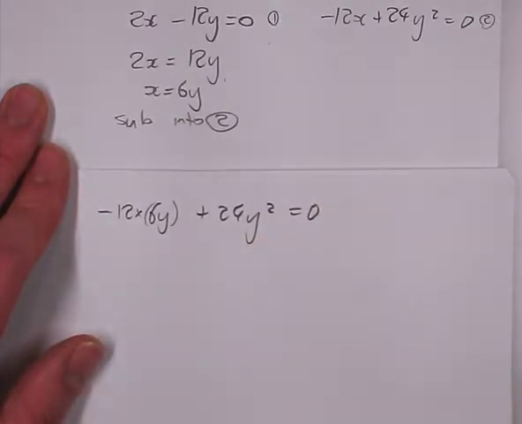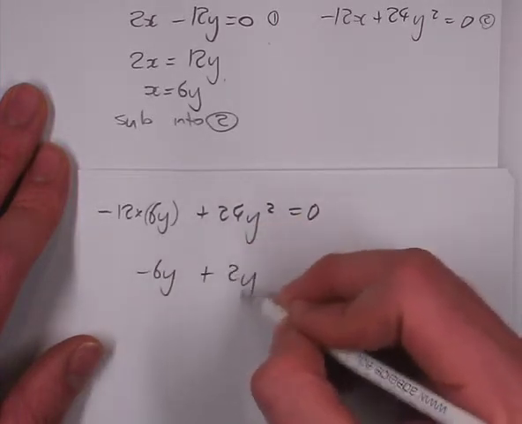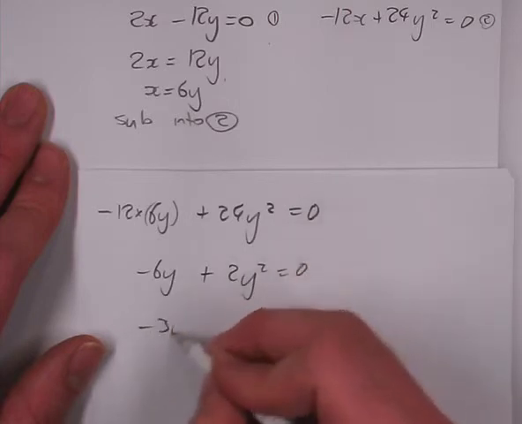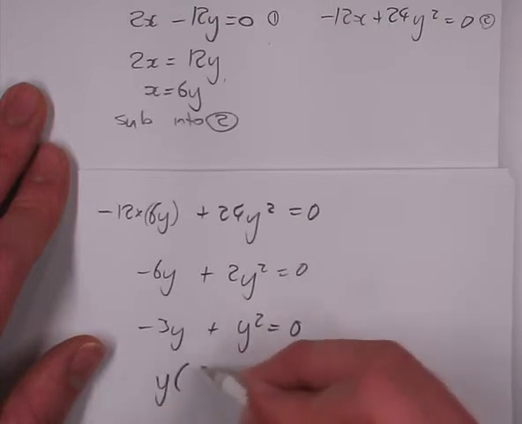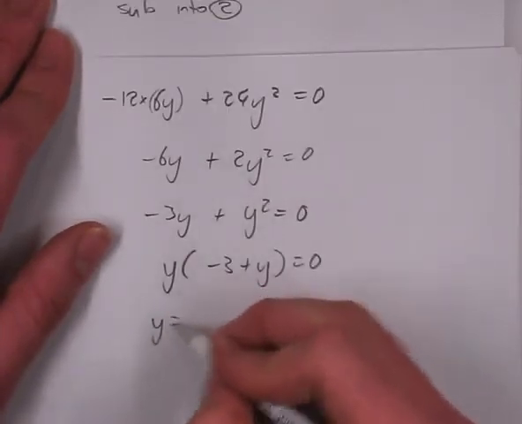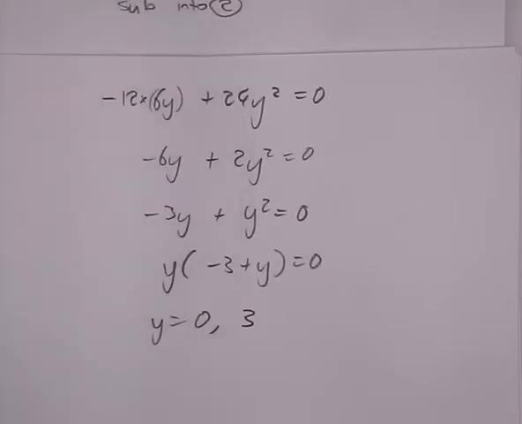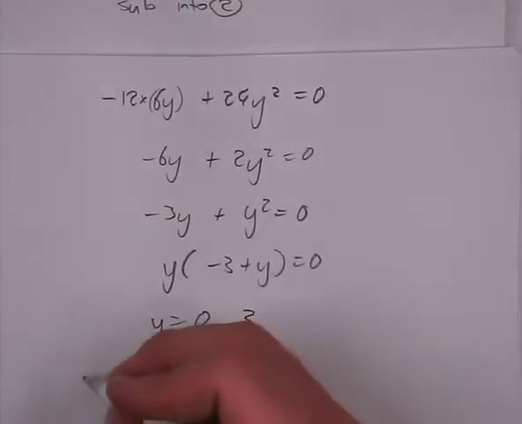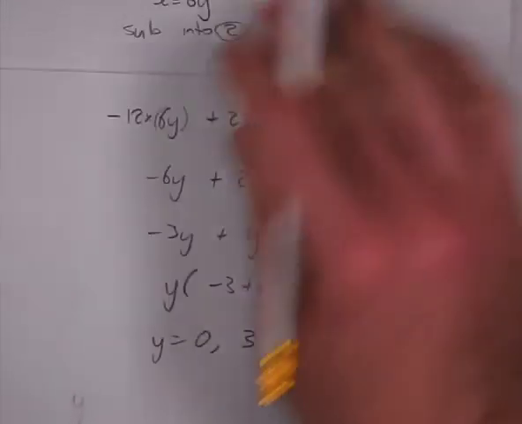Divide everything by 12, divide everything by 2. So I've got y times the quantity y minus 3 equal to 0. That means y is either 0 or 3. The process is usually to try and eliminate one of them and solve just for that. Now that y is 0 or 3, we sub that back in.